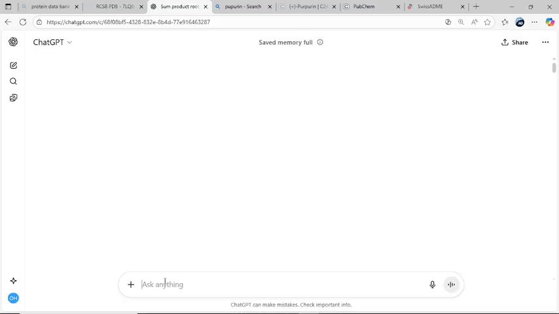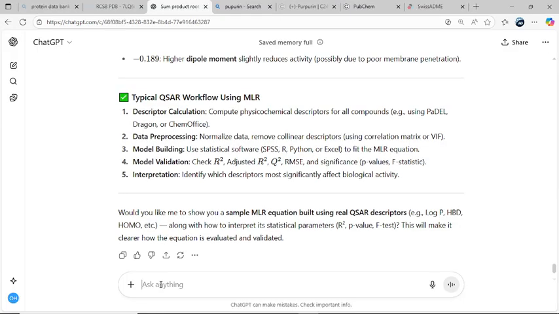There's nothing you ask AI that doesn't give you an answer. Let me say provide in a tabular form. Let me start with 10 anthraquinone derivatives and their removal efficiency on methylene blue.